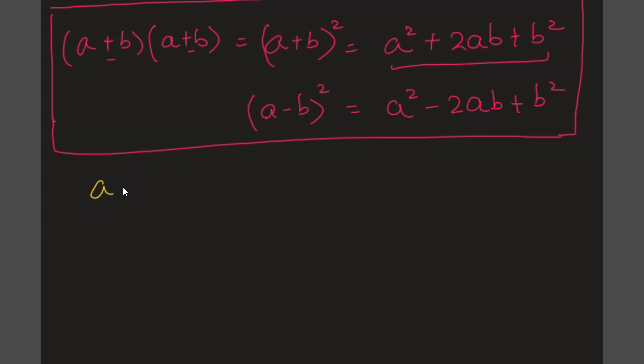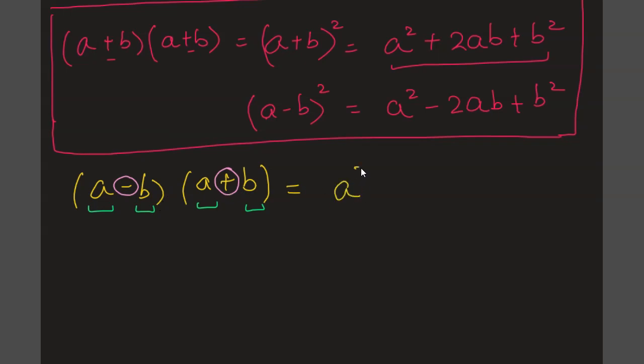What if we are given two polynomial expressions with similar terms, a here, b here, b here, and different signs in between them? In this particular case, again, you can either do the FOIL method that we have learned in lesson number 1, or you can apply the formula, and here the formula is very easy. All we have to do is just write it as a square minus b square. And that's going to be our final answer for this.